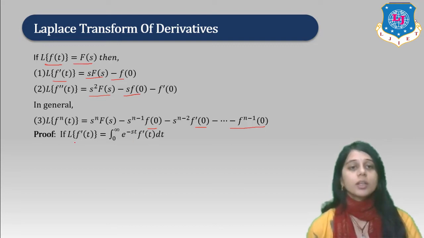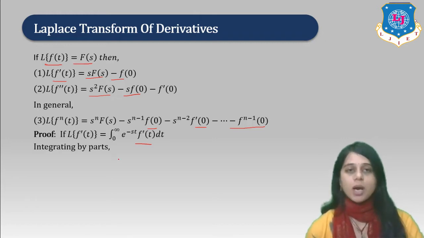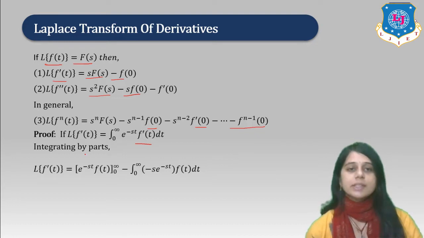Proof. Taking the definition of the Laplace transform, Laplace of f'(t) equals the integral from 0 to infinity of e^(-st) f'(t) dt. Integrating by parts, we take e^(-st) f(t) from 0 to infinity minus the integral from 0 to infinity of (-s) e^(-st) f(t) dt.